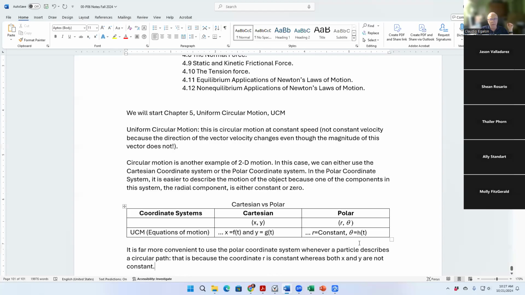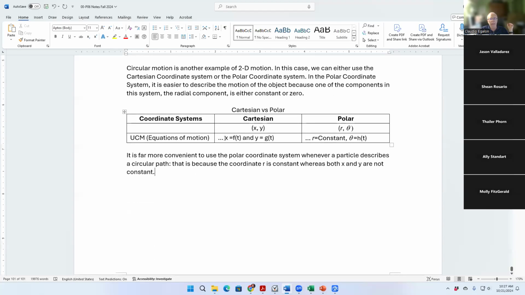Okay, and that's shown right in here in this table. There is a relationship between the Cartesian coordinates and the polar coordinates.